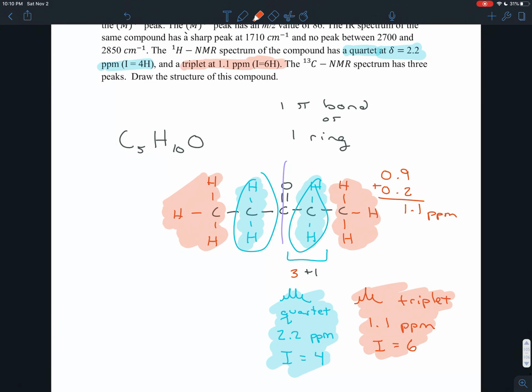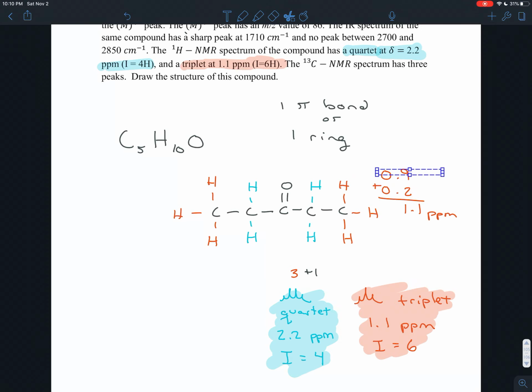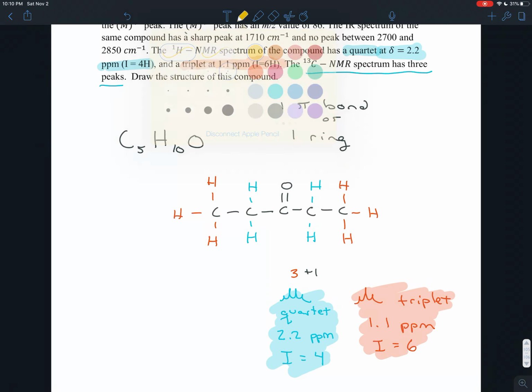Finally, we can check to see if this matches the carbon NMR spectrum, because it seems so far everything is fitting in. So far, this matches the mass spectrum, the IR spectrum, and the proton NMR spectrum. It says the carbon NMR spectrum has 3 peaks. That means you have carbons in 3 different environments.